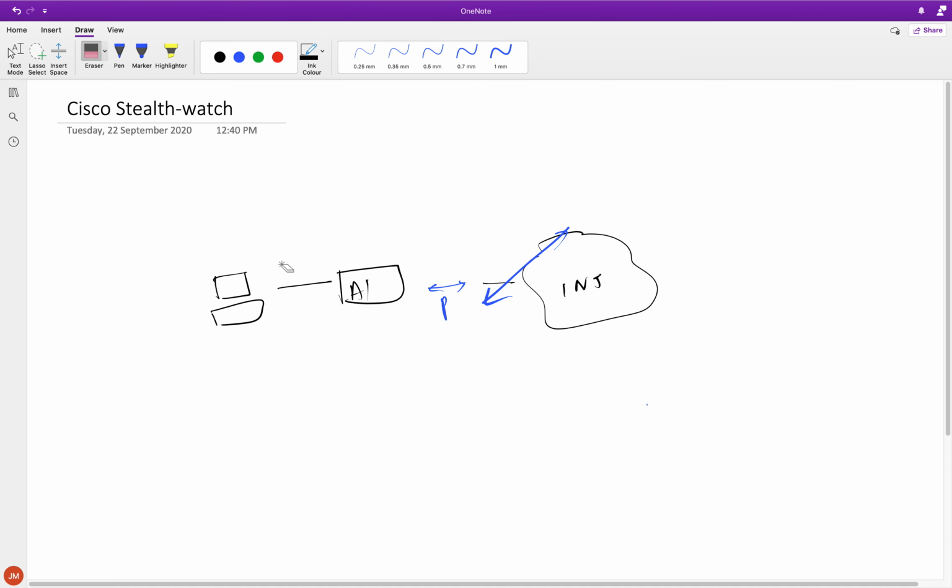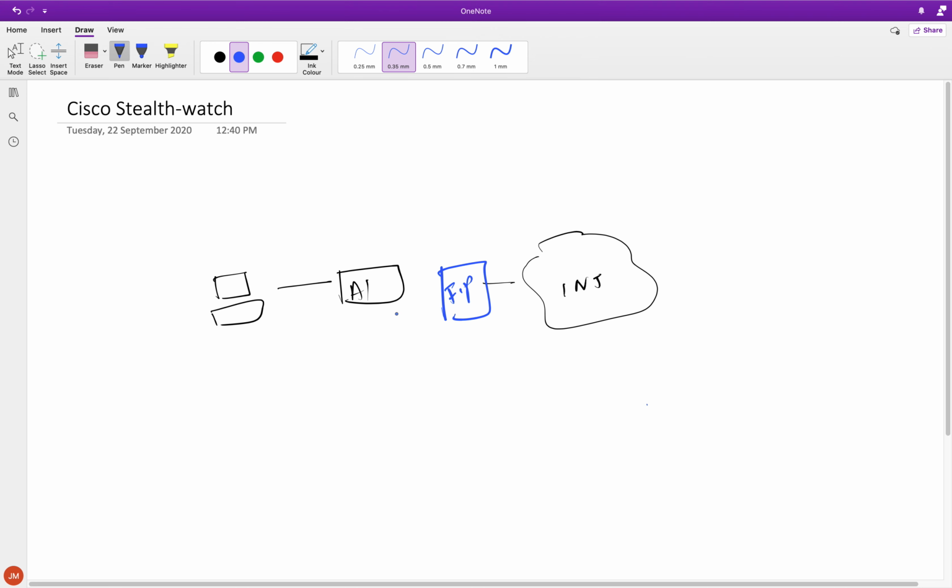So Stealthwatch, in a very similar fashion, where does it come in? Let me just get rid of this. I would still put my Firepower here, or an ASA, whichever you're comfortable with and whichever meets your requirements.